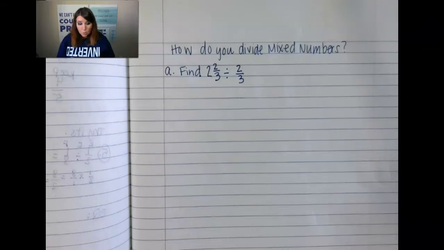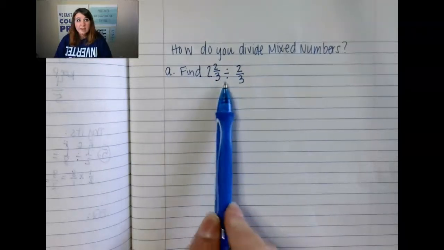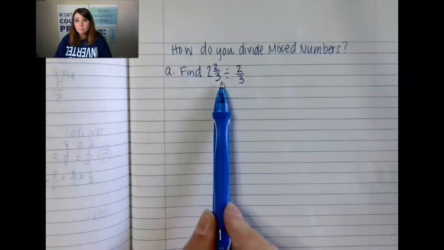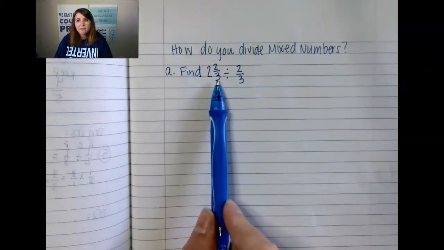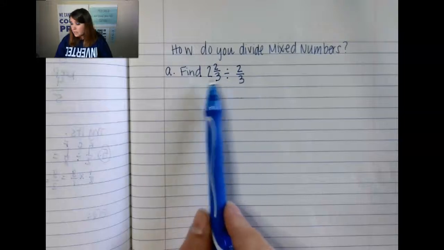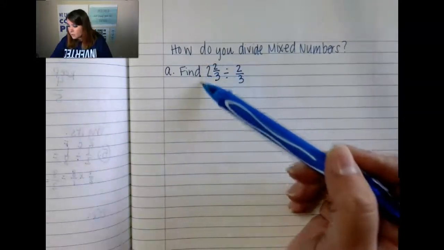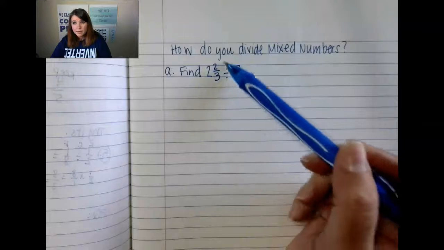So what exactly does that look like? Let's say I have a bag of flour, and from that bag of flour I'm able to divide it into 2/3 equal pieces.